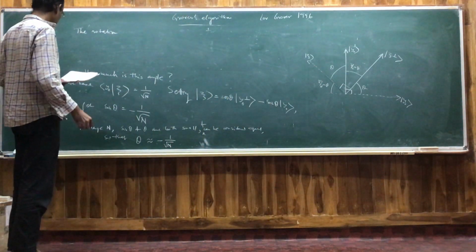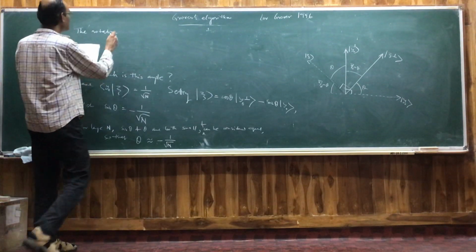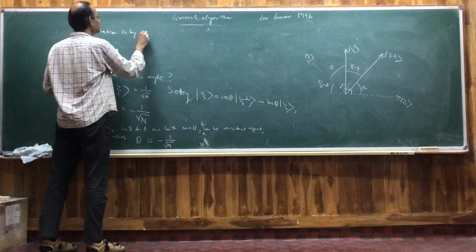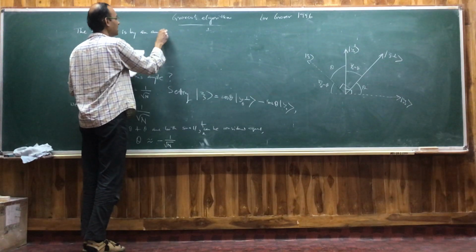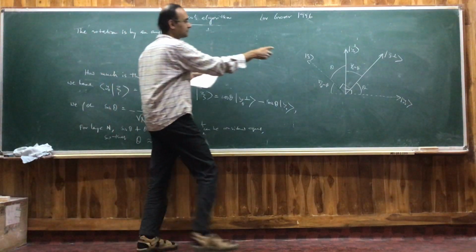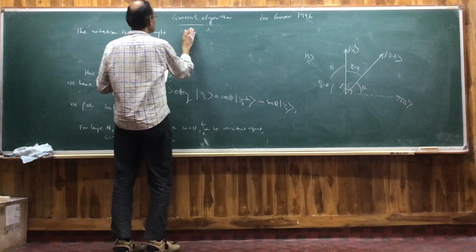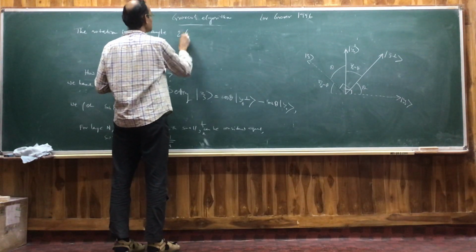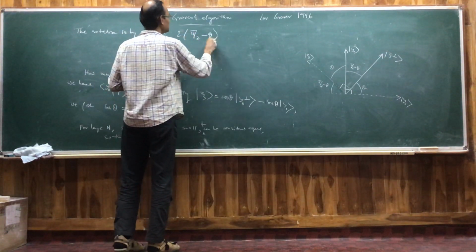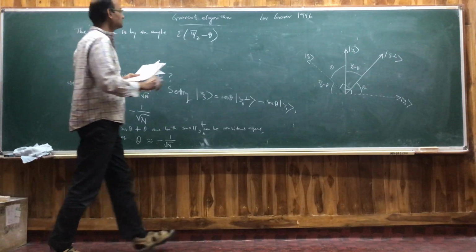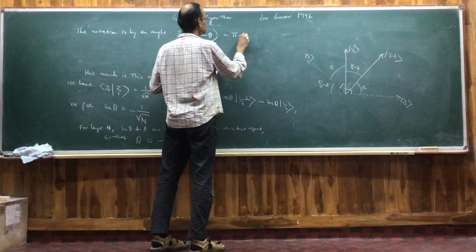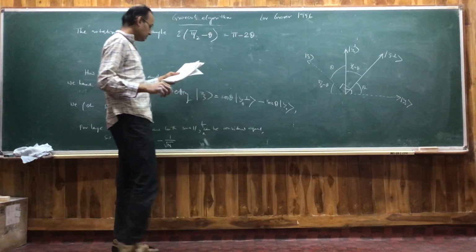So the rotation is by an angle twice of this angle. Is pi minus 2 theta.